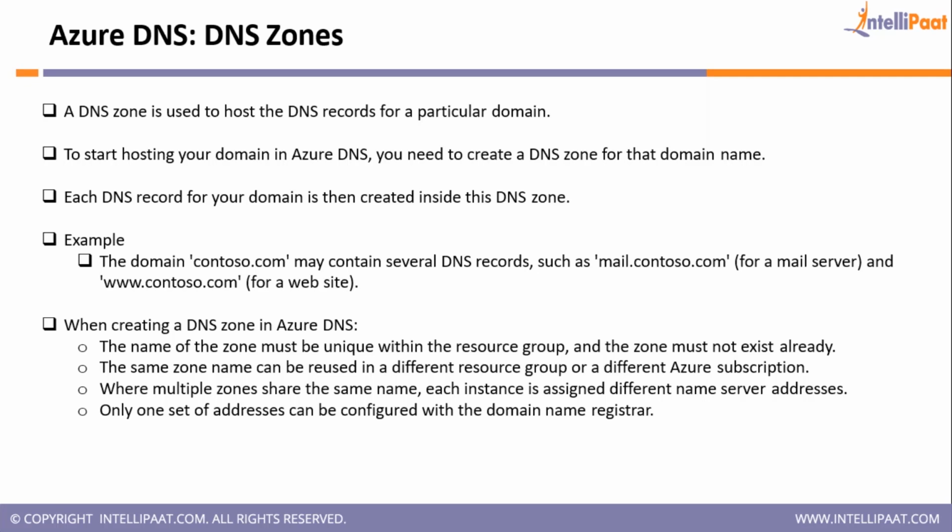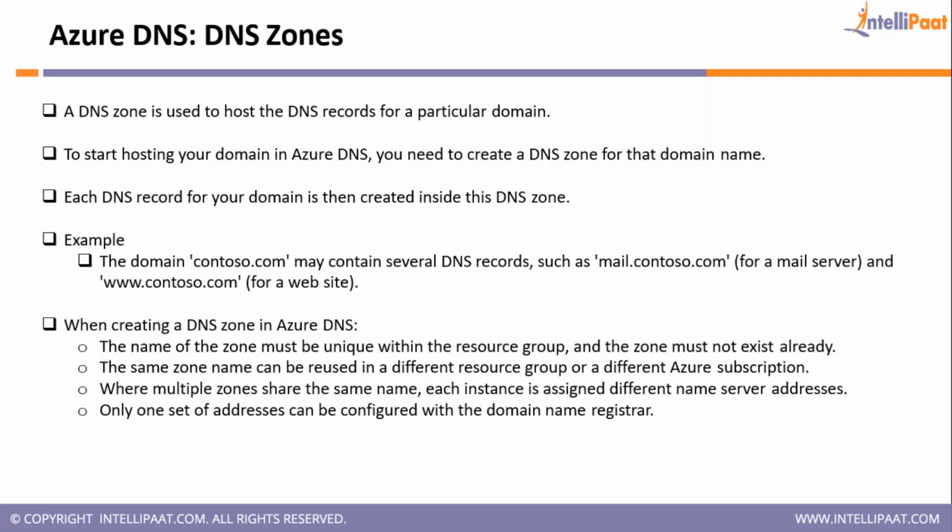To start hosting your domain in Azure DNS, you need to create a DNS zone for that domain name. Each DNS record for your domain is then created inside this DNS zone. So first you create a DNS zone for the domain, and then, as I showed you, you can start creating DNS records inside it.